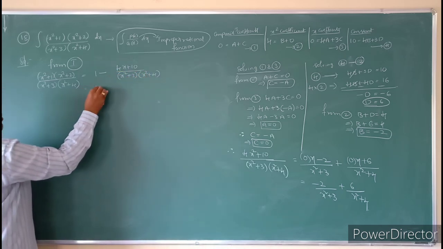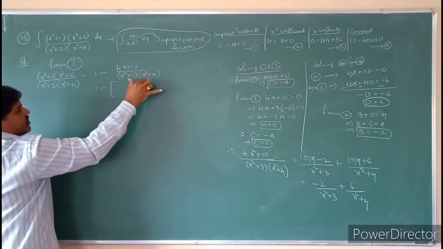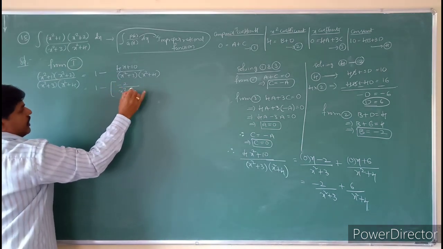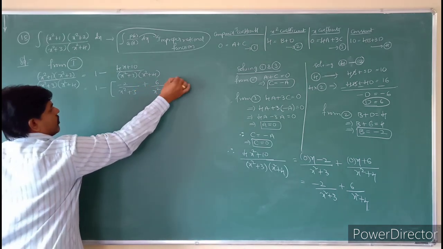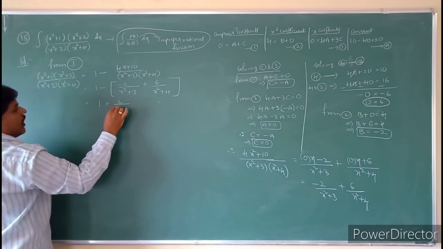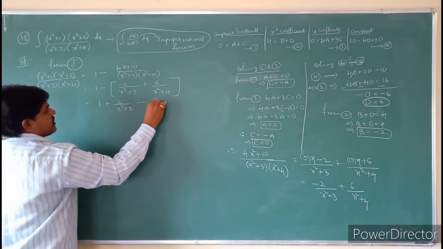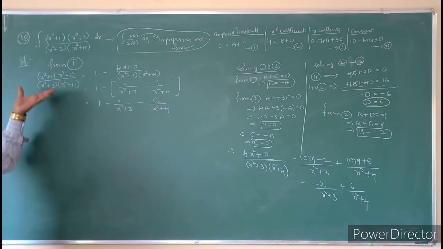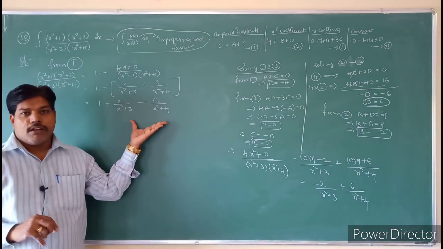So this is nothing but 1 minus of this partial fractions, minus 2 by x square plus 3 plus 6 by x square plus 4. If you apply the minus, it is 1 plus 2 by x square plus 3 minus 6 by x square plus 4. So the given problem we have converted into these partial fractions.